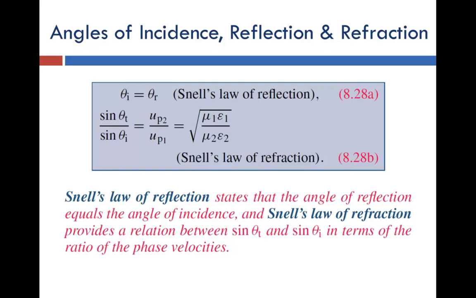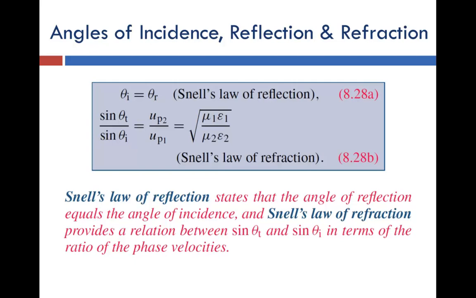So basically what Snell's laws tell us is that the angle of incidence and the angle of reflection are equal. So this is Snell's law of reflection. And the angle of transmission and the angle of incidence are related by the following expression, where the sine of theta transmitted over the sine of theta incident is the phase velocity in medium 2 over the phase velocity in medium 1.